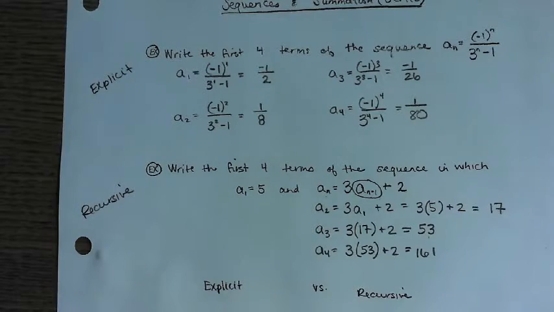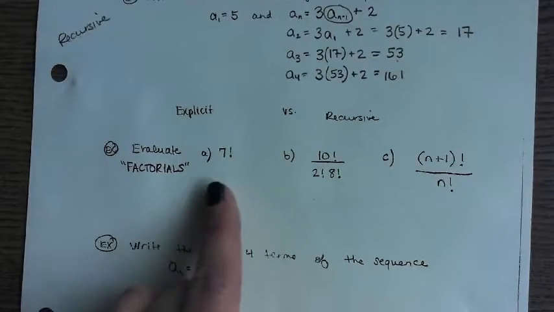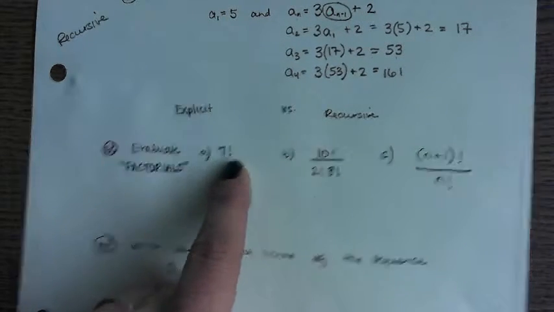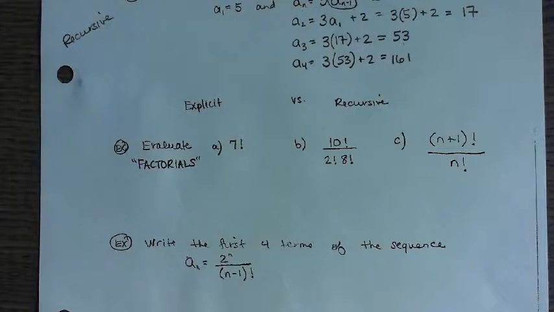Okay, factorials. Raise your hand if you know what that 7 with an exclamation point means. 3 of you. Raise your hand if you feel like you've seen it before, remember it. Raise your hand if you feel like you've never seen this before. I used to do it in, I feel like, pre-algebra, like probability type stuff.